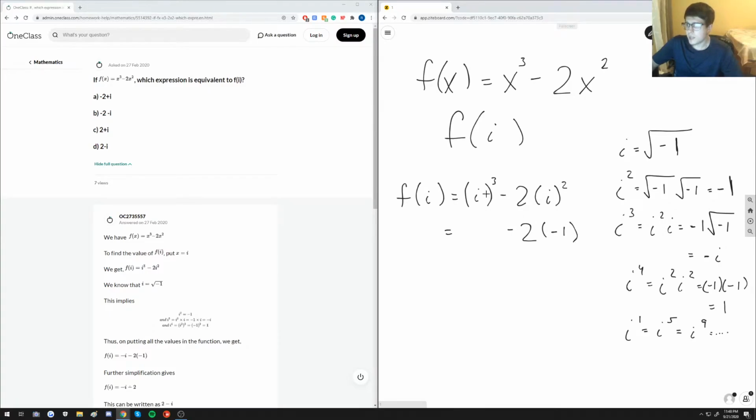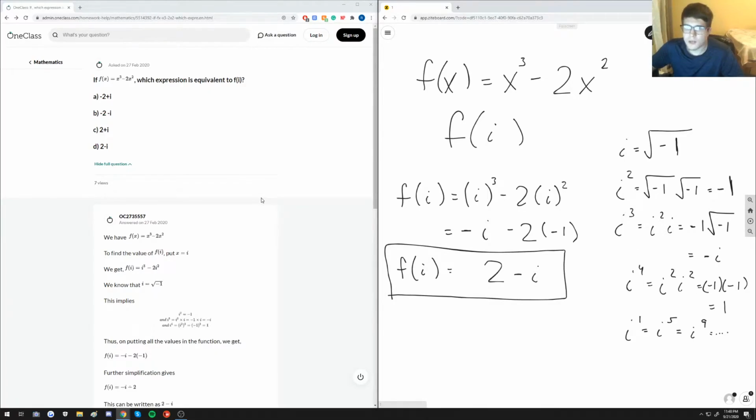And i cubed is equal to -i, so we could just plug in -i for i cubed. Afterwards, -2 times -1, we get a +2, so we could just rewrite this as 2 minus i. And then this would be our answer right here.